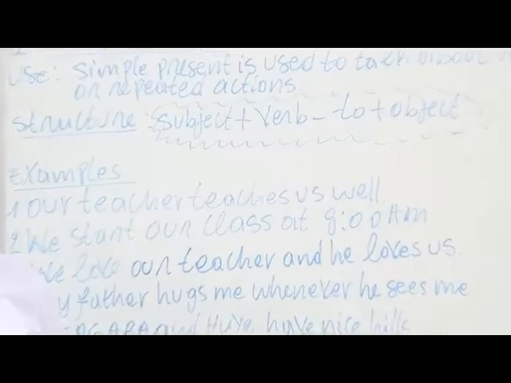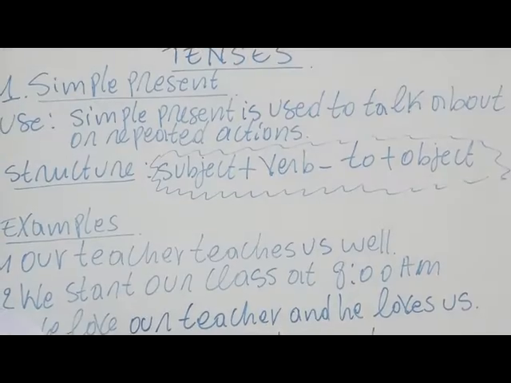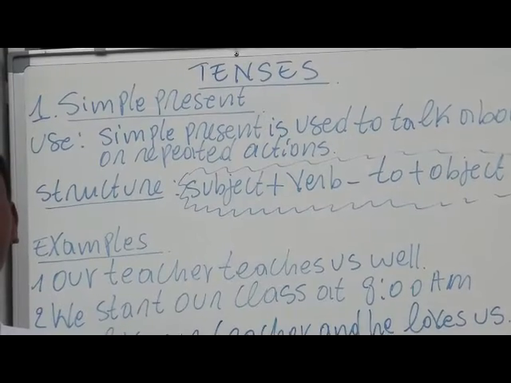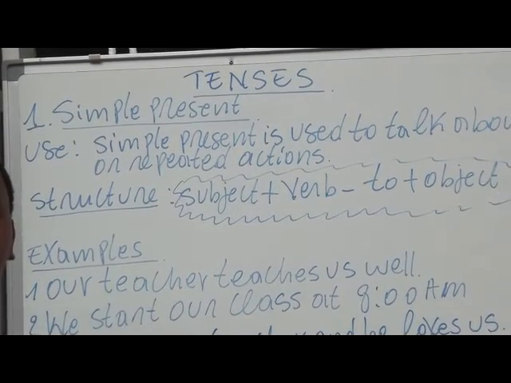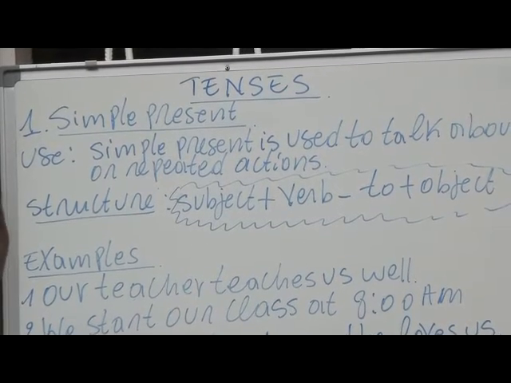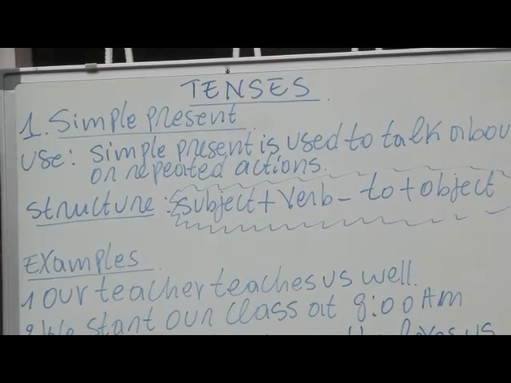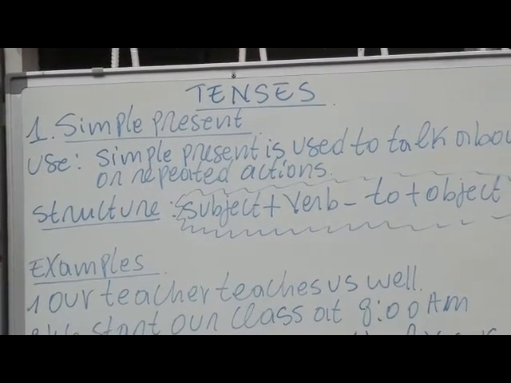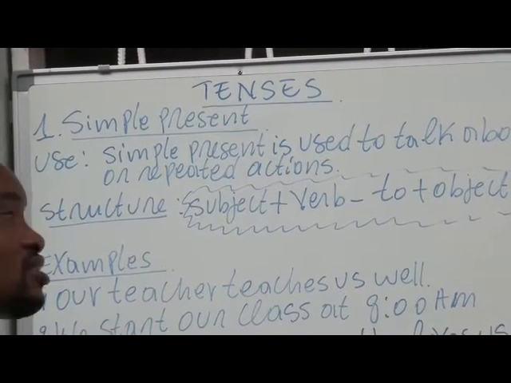If we say subject, you know it's someone or something which does the action said in the sentence. It can be someone, a pronoun which replaces someone, or something which does the action mentioned in the sentence.